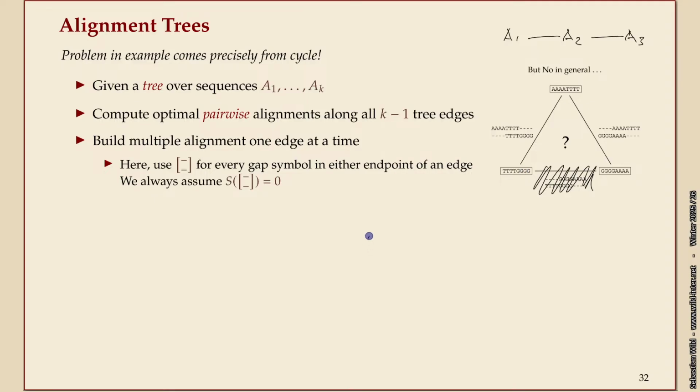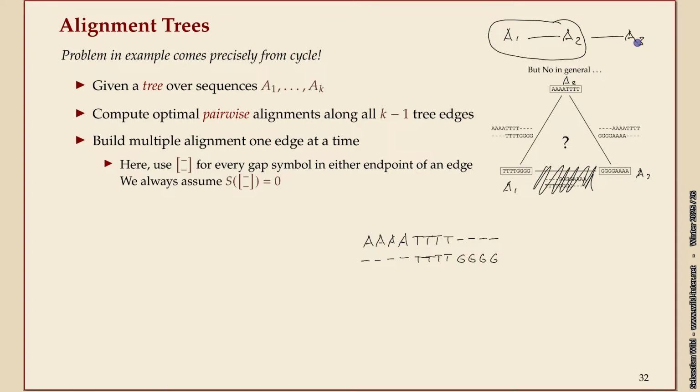So we start with this A, T, T, T, and then 4 gaps. So this was, say, A1, this was A2, and now we've cleared this edge. We kind of contracted this edge, right, by building the alignment.